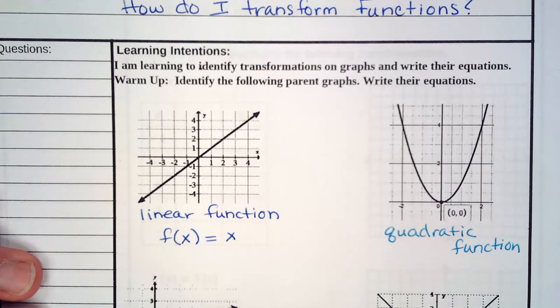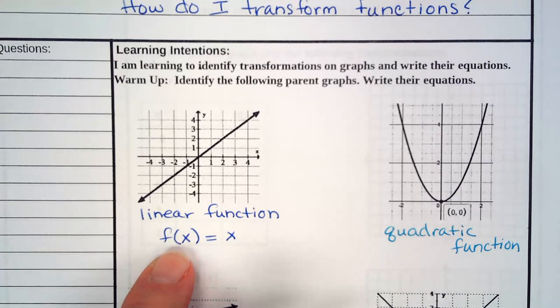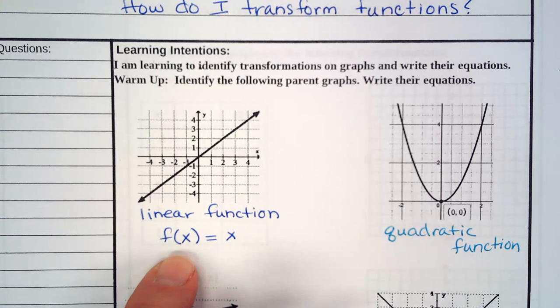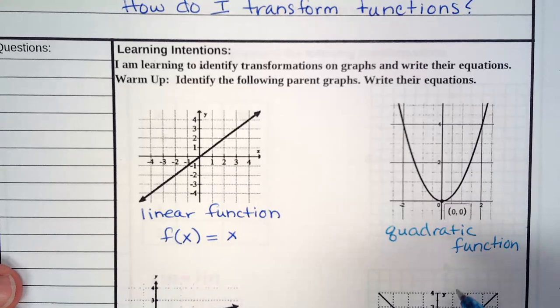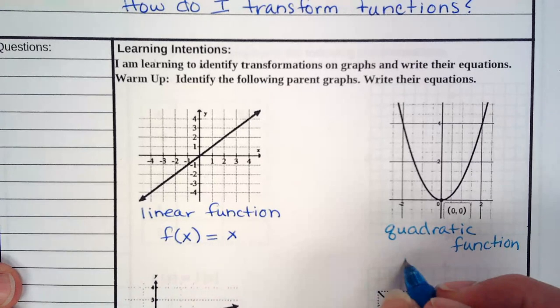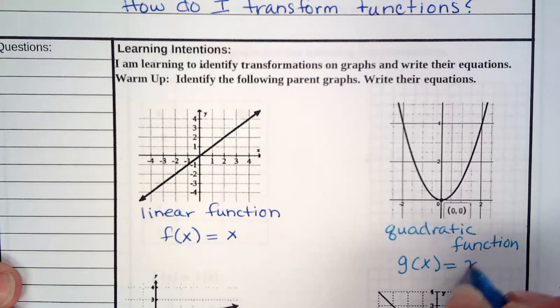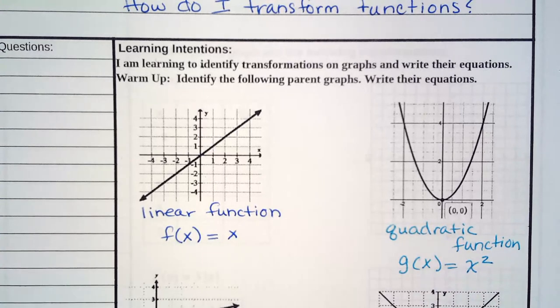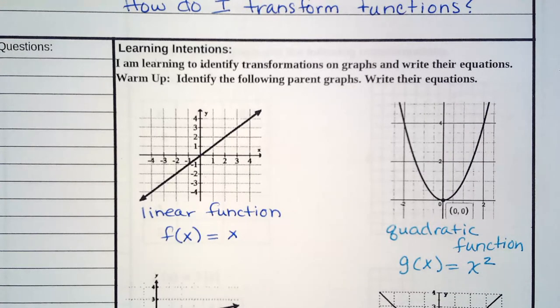No. If they're not the same, we cannot use the same variable to identify them. If this is f of x, we need to use something different than f. I'm going to use g. G of x is equal to x squared. The squaring is what gives you the quadratic.